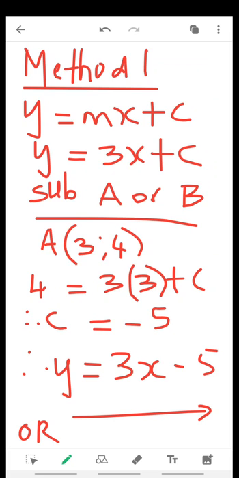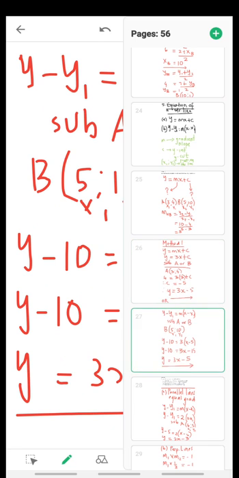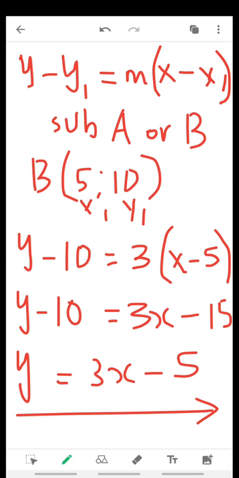Or, those who are using the second form of the equation of a straight line will therefore say Y minus Y1 equals M times X minus X1. Substitute A or B again, we'll get the same answer. But here I decided to substitute B to show you that we are actually getting the same thing. So, what is my 5 and what is my 10? Here, 5 and 10 represent X1, Y1.